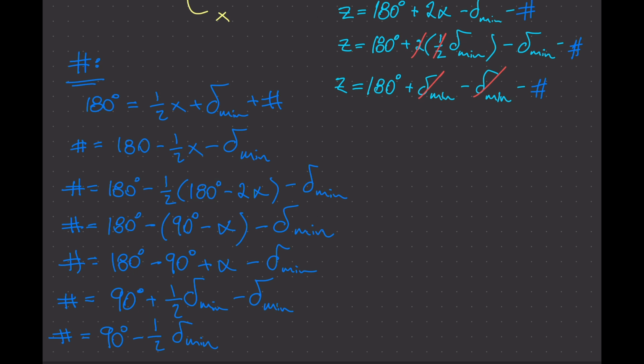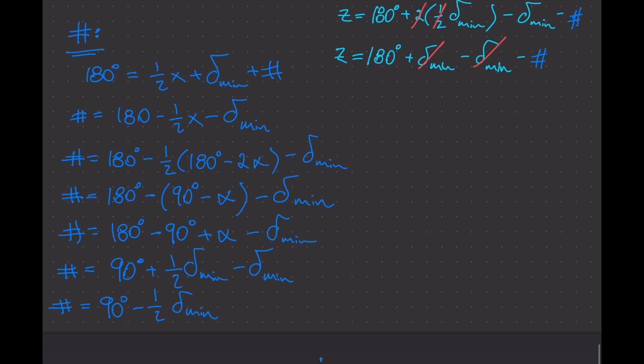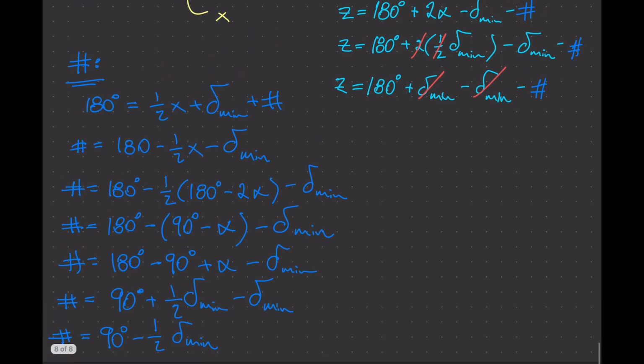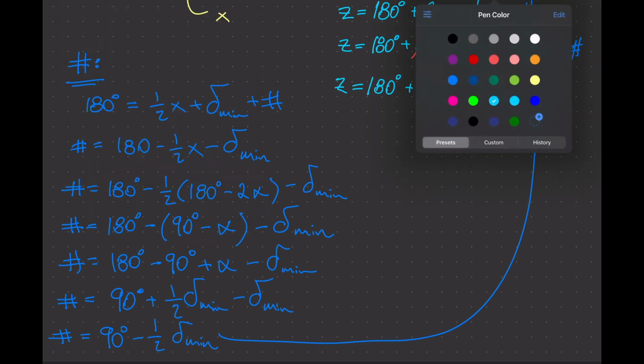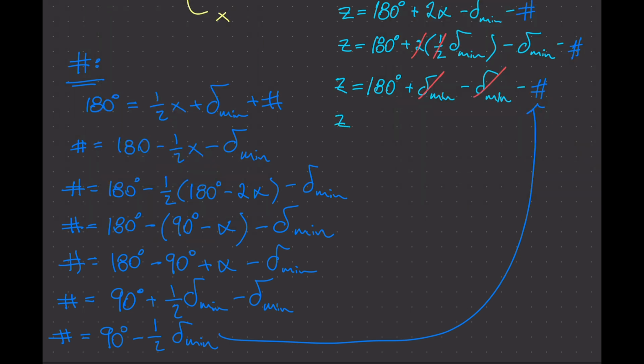So that, I think, simplifies the hashtag as much as possible. And we can finally plug it in here, and we'll obtain a final expression for z, which will be 180 degrees. We got the minus 90, and then minus gives us a plus 1 half delta min.